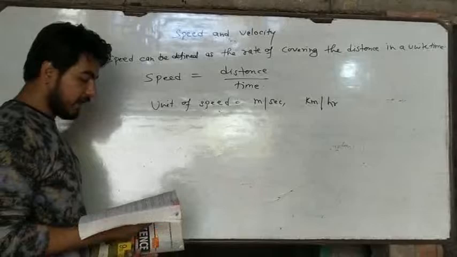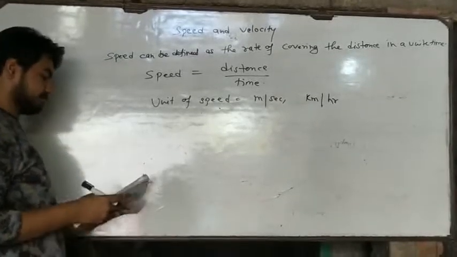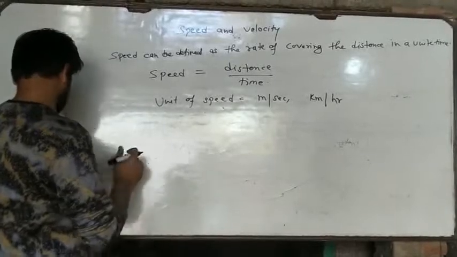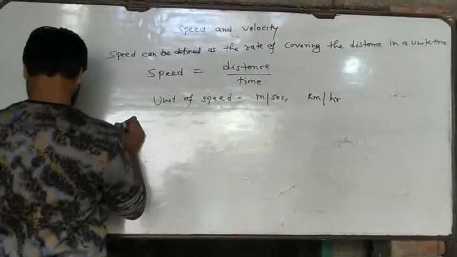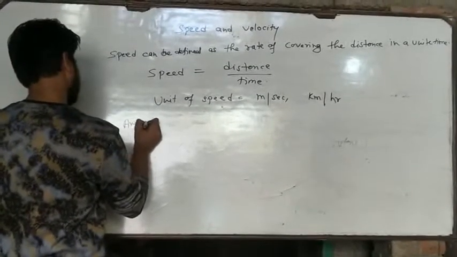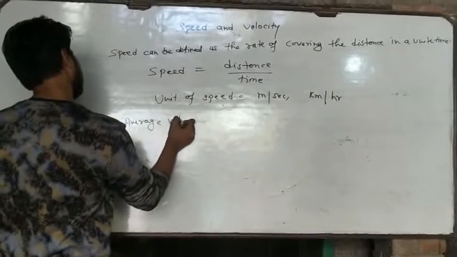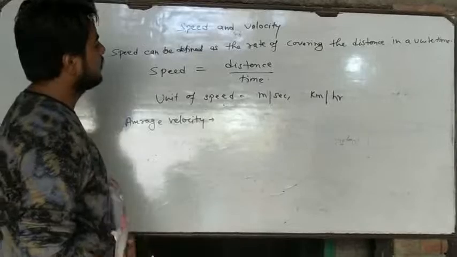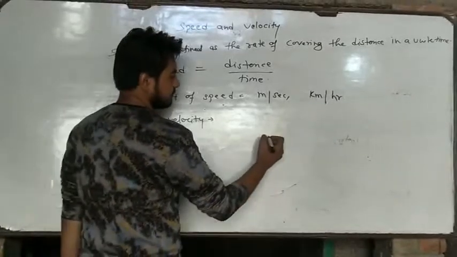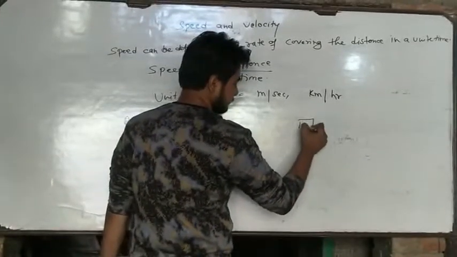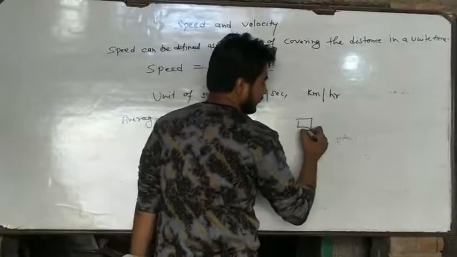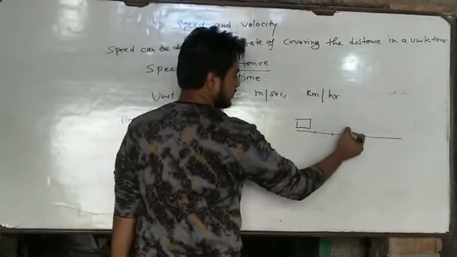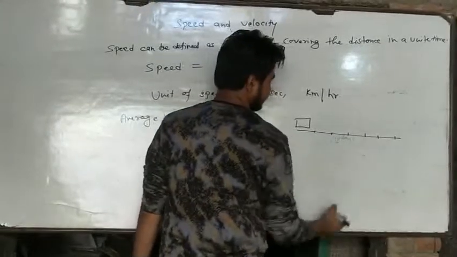Let's talk about average velocity. Suppose we have an object which is covering several distances in several times.